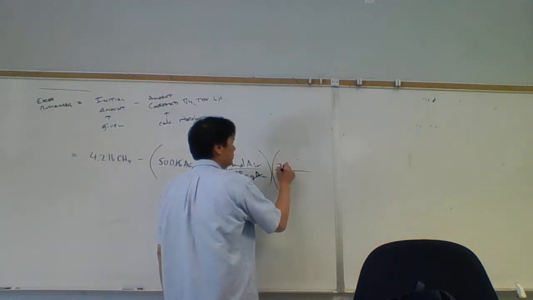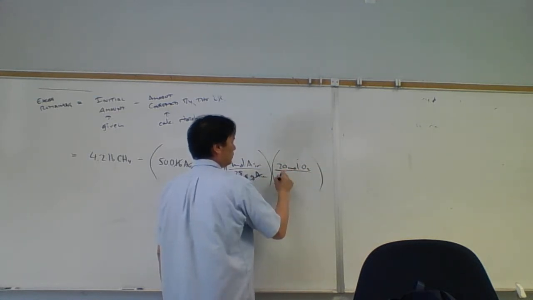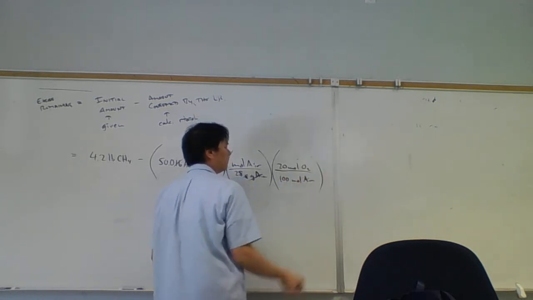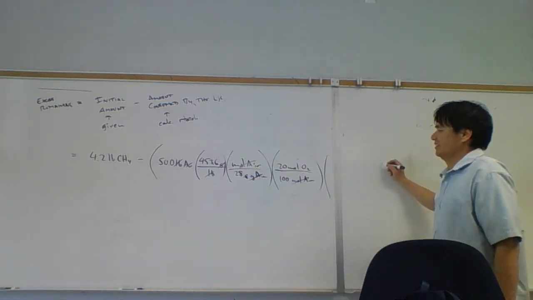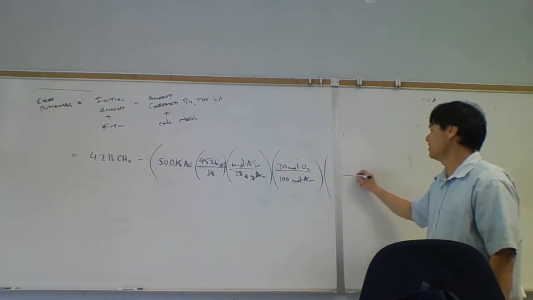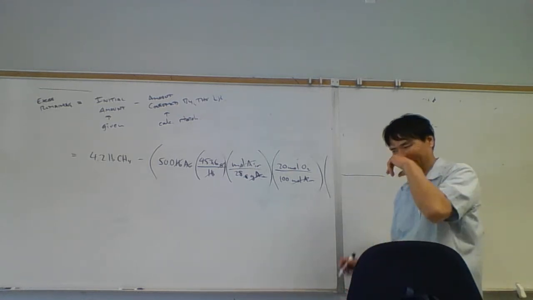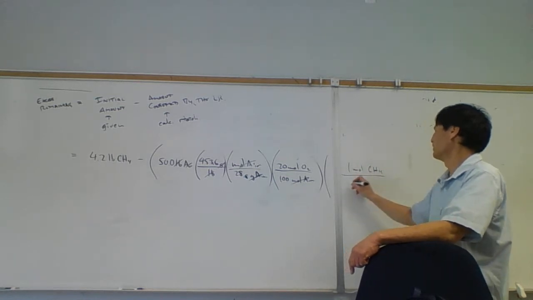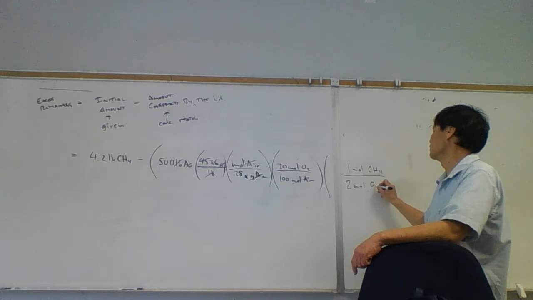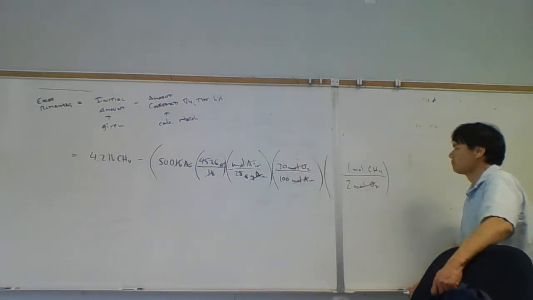And so we're going to go from moles of air to moles of O2. 20%, 20 out of 100. And then from moles of O2 to moles of methane. So what's the mole ratio between O2 and methane? So it's 1 mole of methane for every 2 moles of O2.